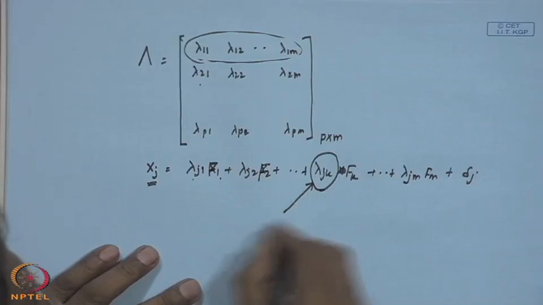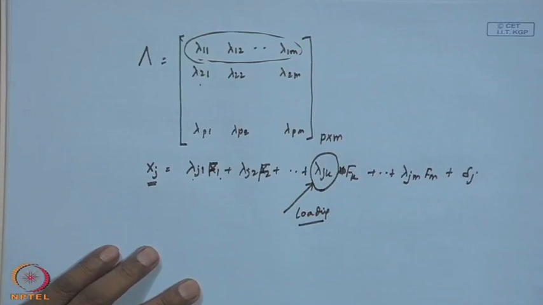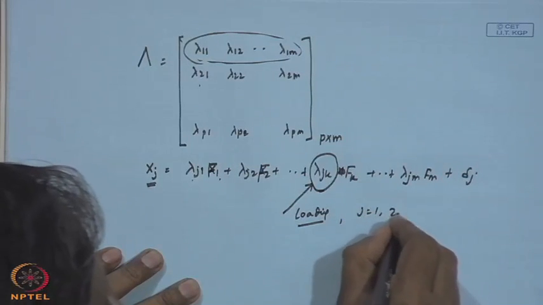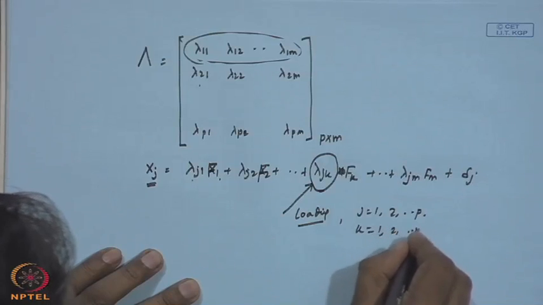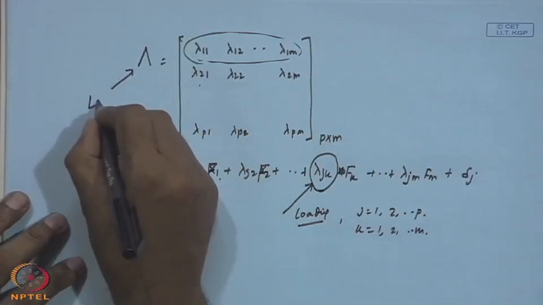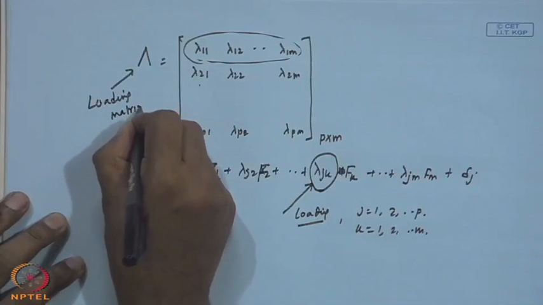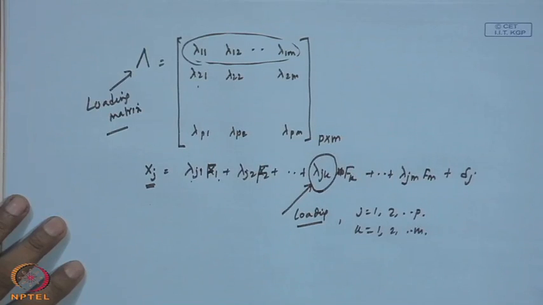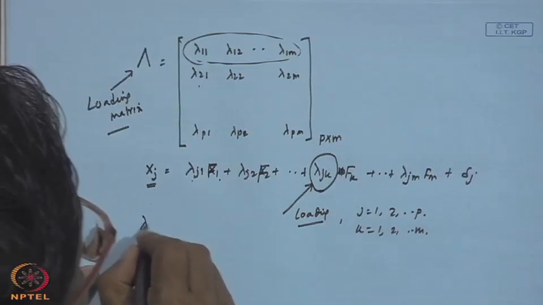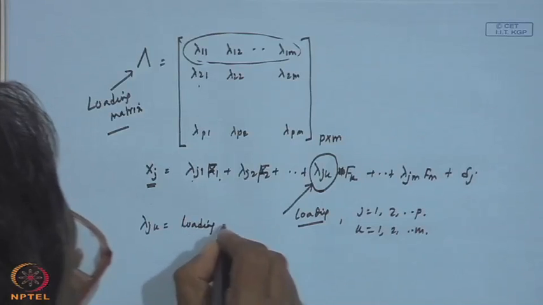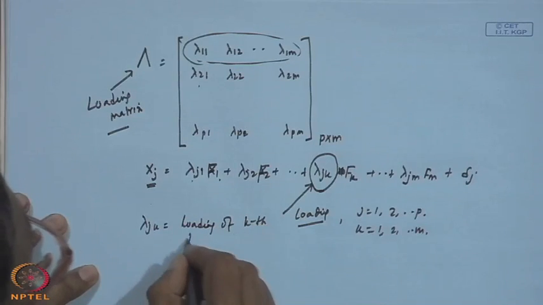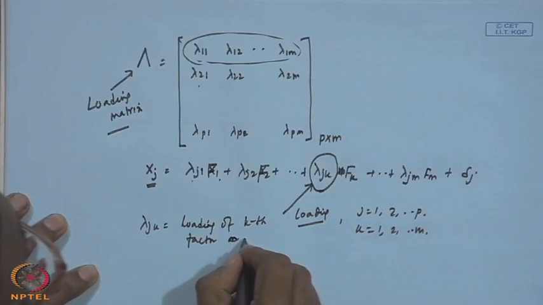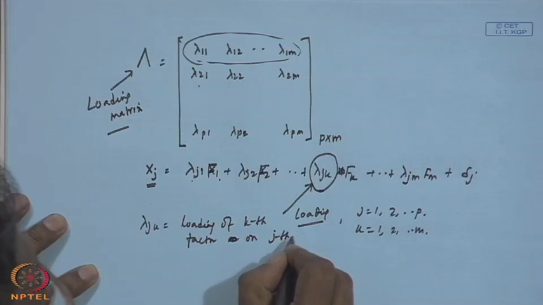This is the general loading, for j equal to 1 to p, k equal to 1 to m. So, this one is known as the factor loading matrix, and each lambda jk is known as the loading of kth factor on jth x variable.